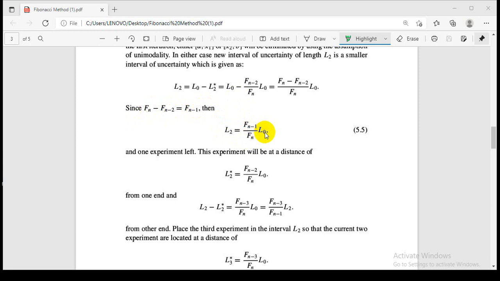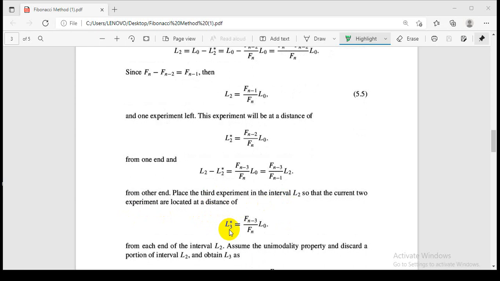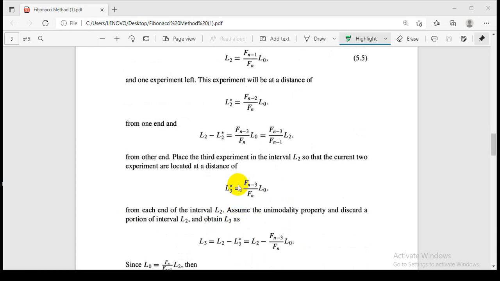And one experiment is left. This experiment will be at a distance of L2 star equal to Fn minus 2 over Fn multiplied by L0 from one end, and L2 minus L2 star gives us L3 star, and so on.